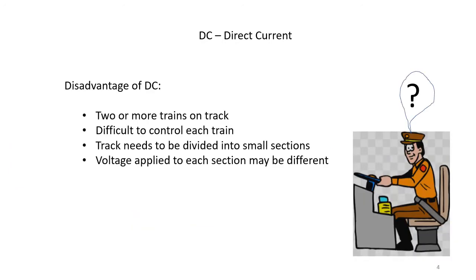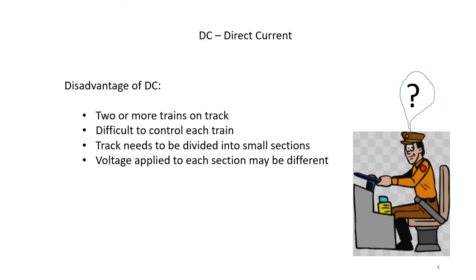The disadvantages of DC, however, are that if there's more than one engine on a track, say 2, 3, 4, 10, it becomes extremely difficult or complicated to control the engines and what they each individually do.